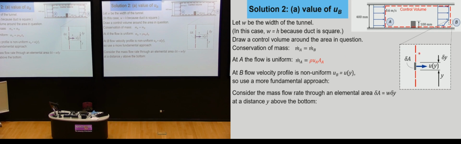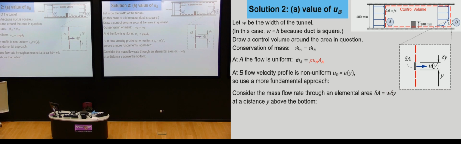So in a tiny element dA, we have a flow velocity, u. Because this is at a distance y from the bottom wall, the velocity here is u at position y. The height of that element is delta y. So the area of my element, delta A, is equal to W, the width of the channel, times the height, so W times delta y.